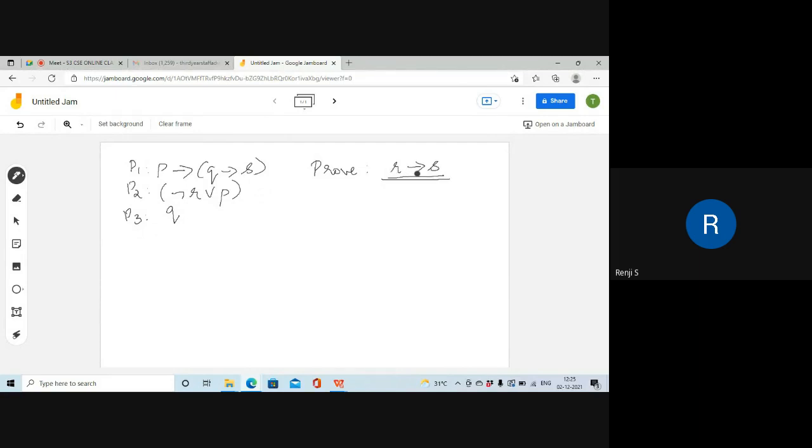If the statement to be proved includes implication, then according to rule CP, we can add R to the set of given premises as an additional premise, P4, and then conclude S. If you want to prove R implies S, take R as an additional premise, add it to the set of given premises, and conclude S. Is it clear? So let us solve this one.